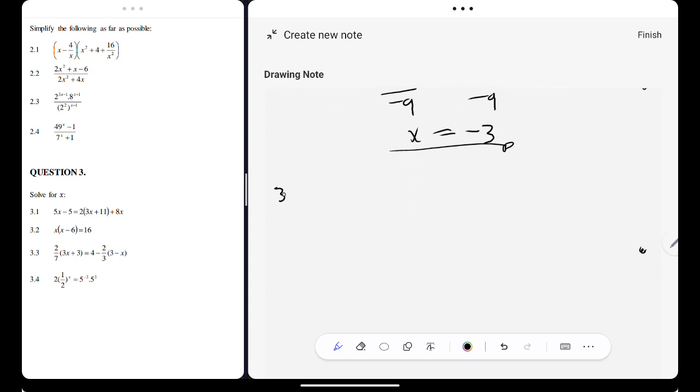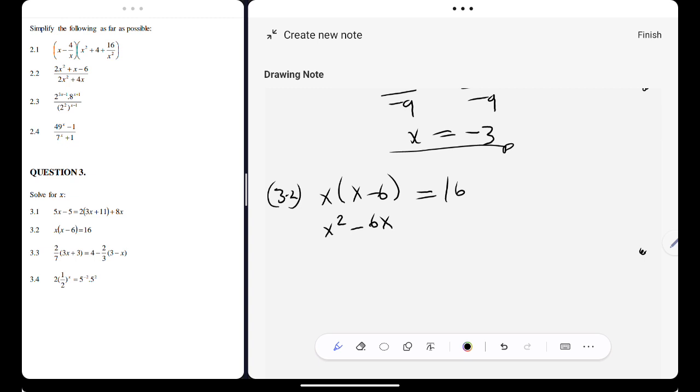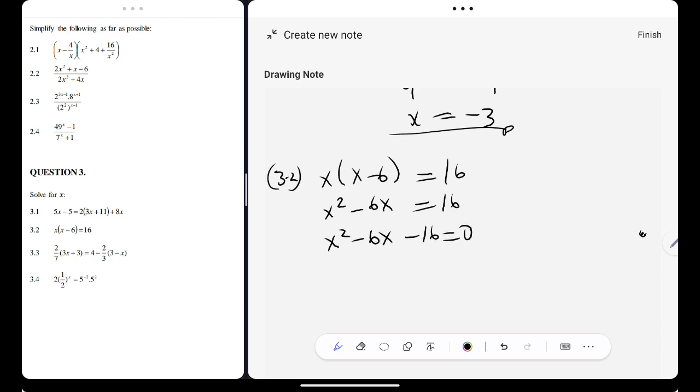Okay, then 3.2, I have x times x minus 6 is 16. First thing I need to do is to remove brackets. I have x squared minus 6x is equal to 16. Then x squared minus 6x minus 16 is equal to 0.